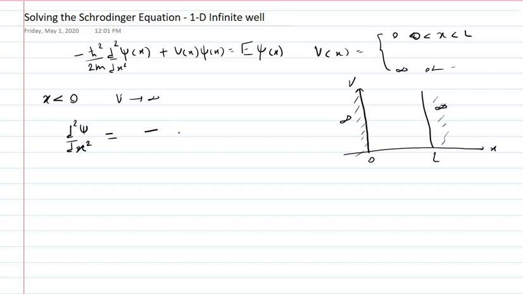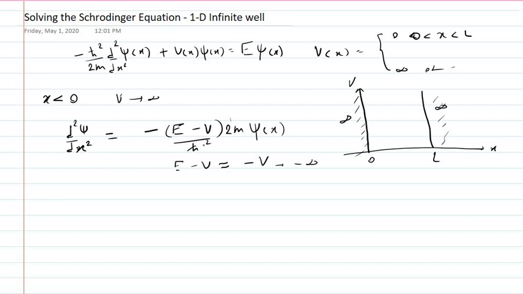Get minus E minus V divided by h bar squared times 2m, that's the wave function. Now, having an energy with infinite magnitude is not a reasonable value. Therefore, E minus V is approximately equal to minus V, which means actually minus infinity.